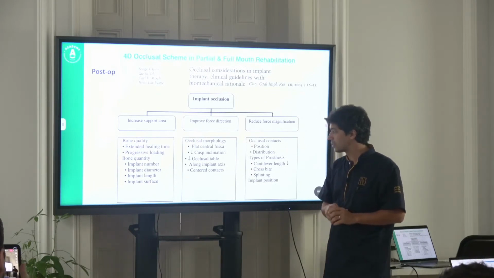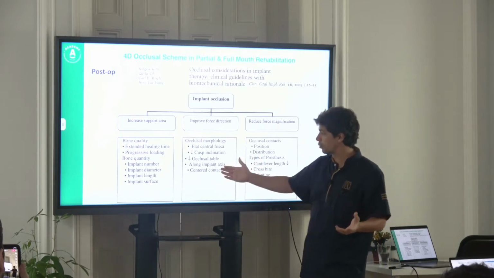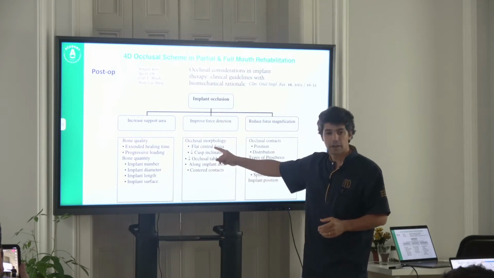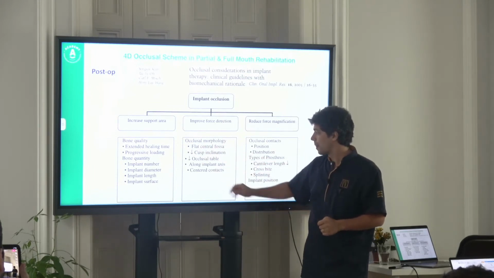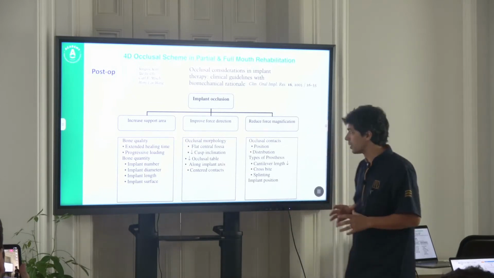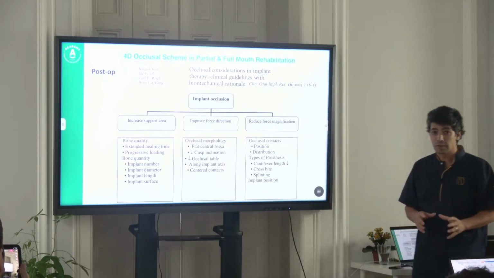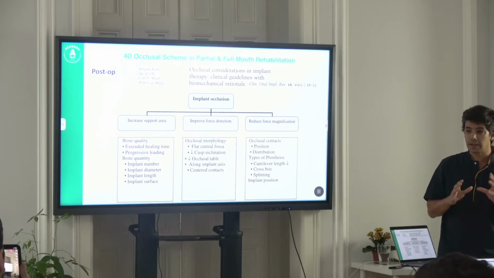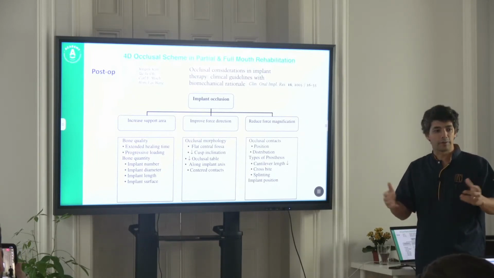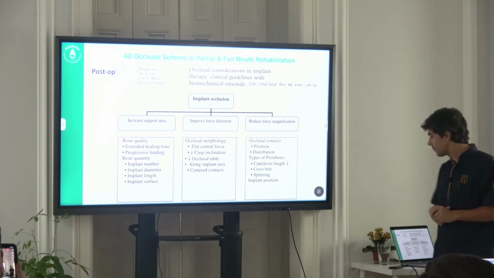Of course, what we have understood is an improved force direction, a shorter occlusal force, a long implant axis, centered contacts. This is really, really important, mainly in unitary rehabilitation, which in fact is what we are talking about in a lot of cases that we rehabilitate here, okay?